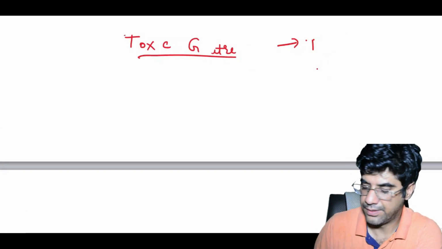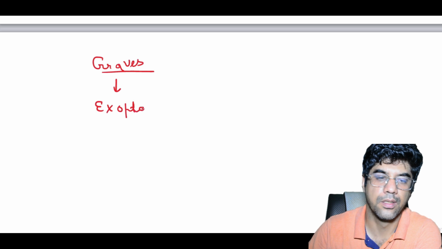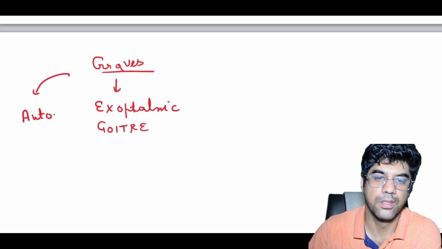Remember the Graves' disease, it's also known as exophthalmic goiter. Now remember, it is an autoimmune disorder.